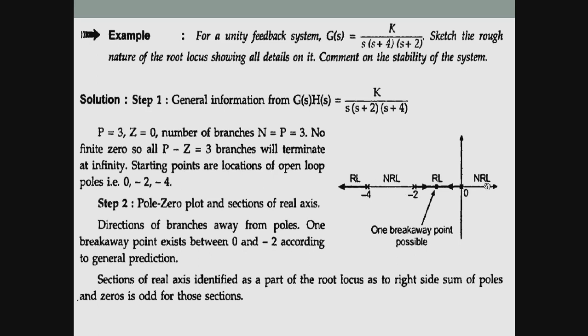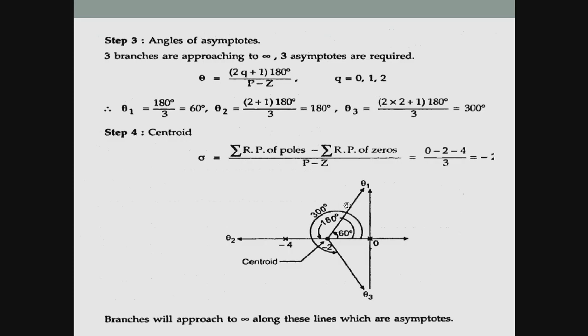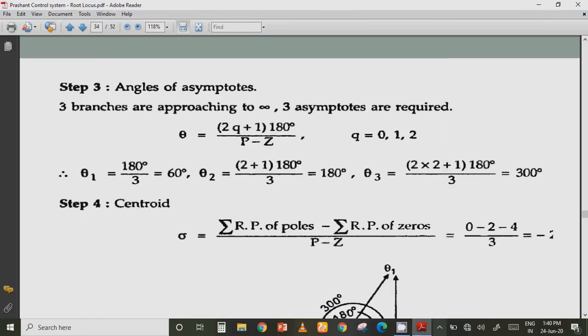From here it will be 1 and 2, so it will be an even value, so there is no root locus. From here it will be 3, so the root locus exists. Now, angle of asymptotes. As we know there are 3 branches approaching infinity, we must understand there are 3 asymptotes which are required to be found out.